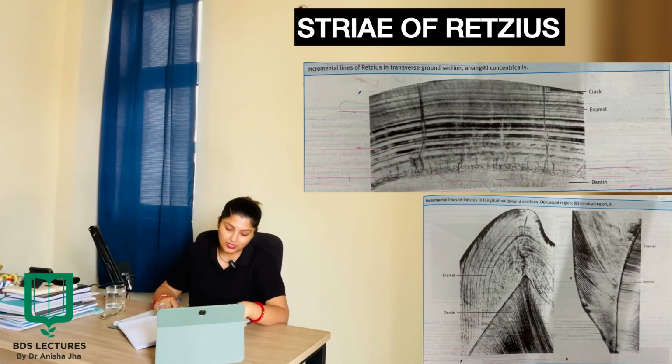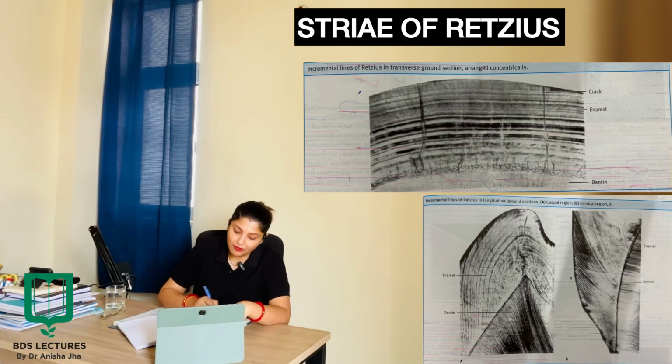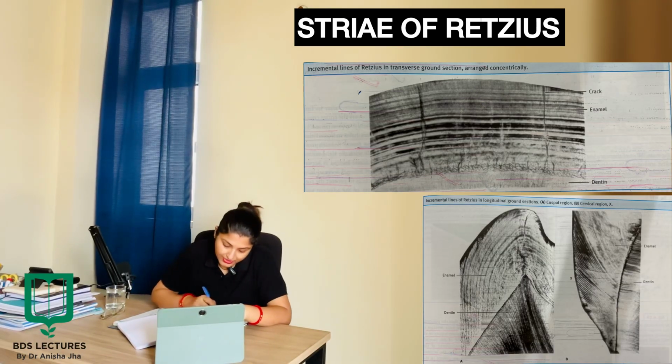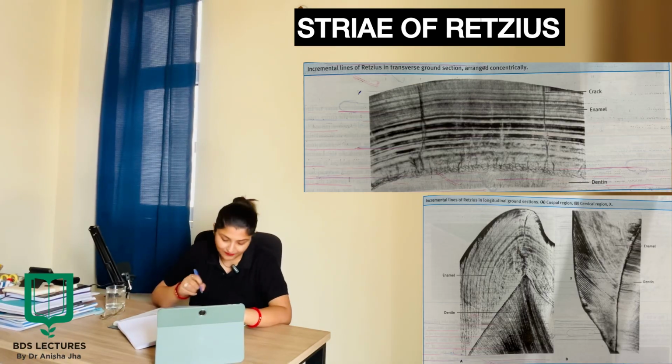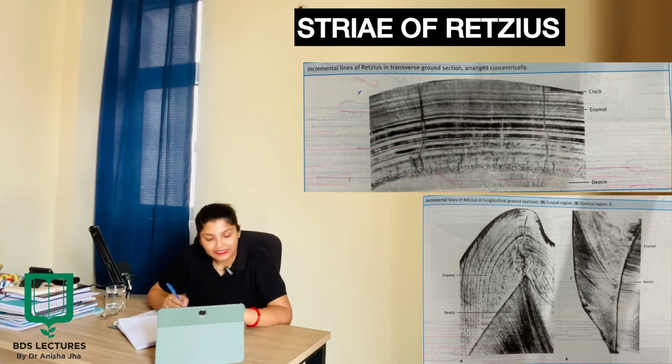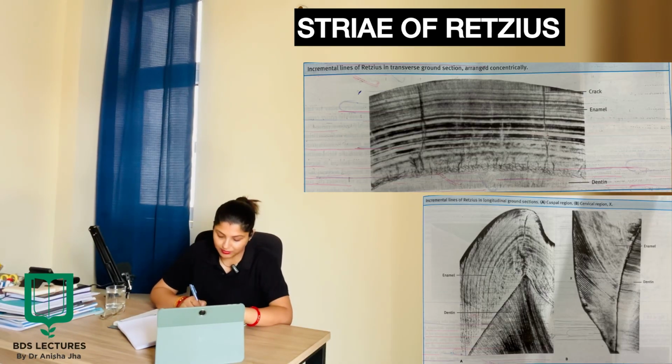Alright, the mean daily rate of enamel formation of about 3.5 micron increases from the inner to the outer enamel, and it decreases from the incisal or cuspal region to the cervical enamel. Okay, the incremental lines of Retzius, if present in moderate intensity, are considered normal.